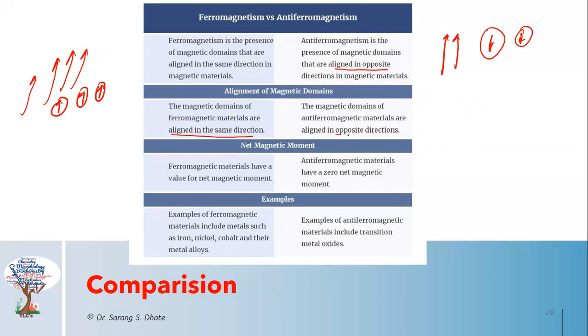Whereas in antiferromagnetism, the domains align in opposite directions. Ferromagnetic materials have a net magnetic moment, whereas antiferromagnetic materials have zero net magnetic moment. Examples: iron, nickel, cobalt.